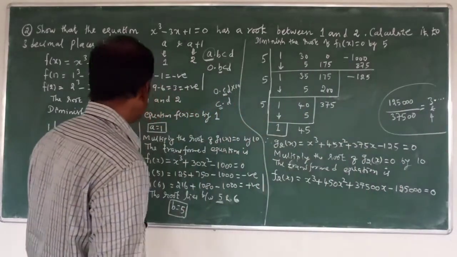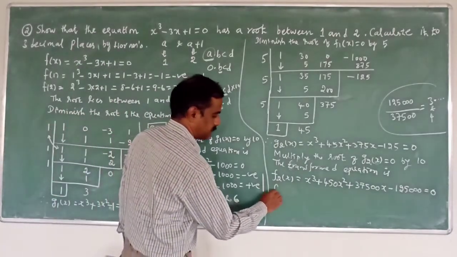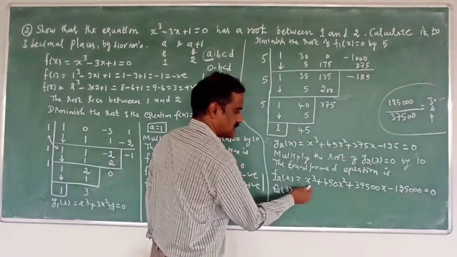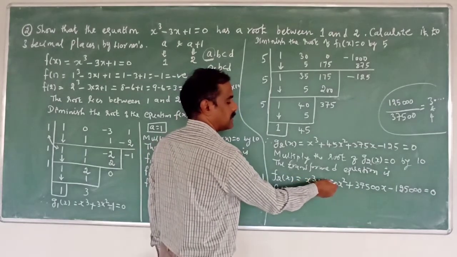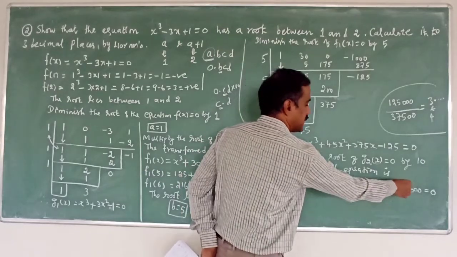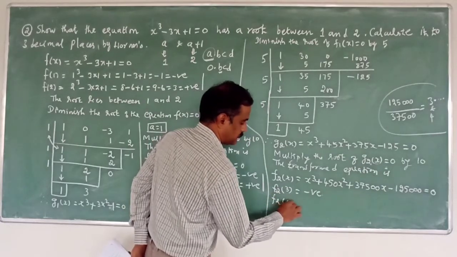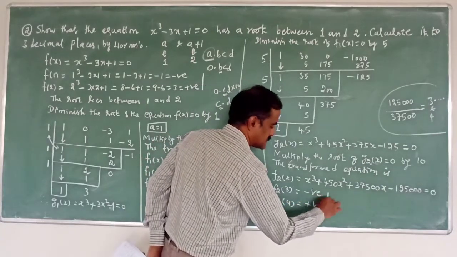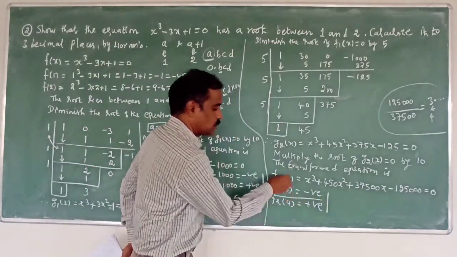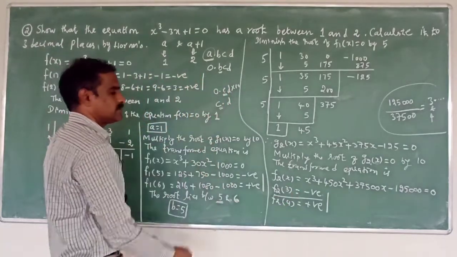So f2 of x value 3. 3 means you have to substitute here 3 cube plus 450 x square means 3 square and then here 3 and 2 simplify, we can get the result is negative and f2 of 4, we can get the result is positive. In Horner's method always we have to take only the negative one. Negative 3. 3 means the c value 3.